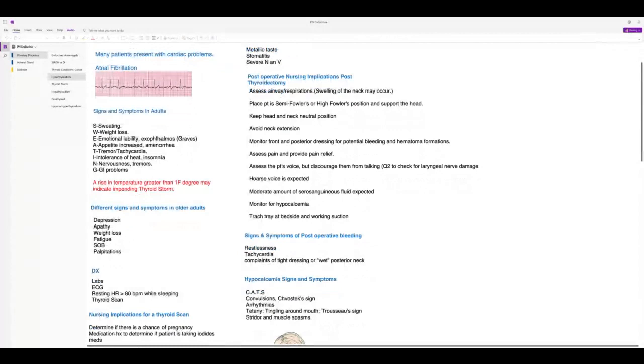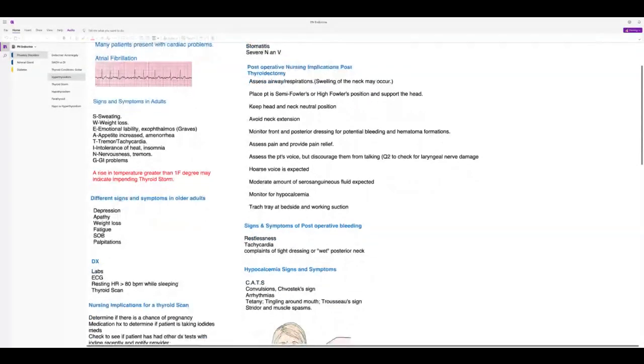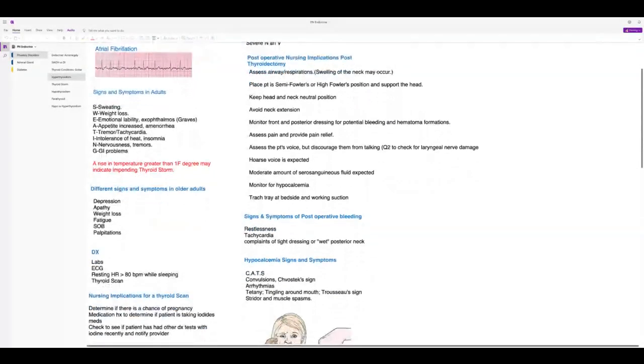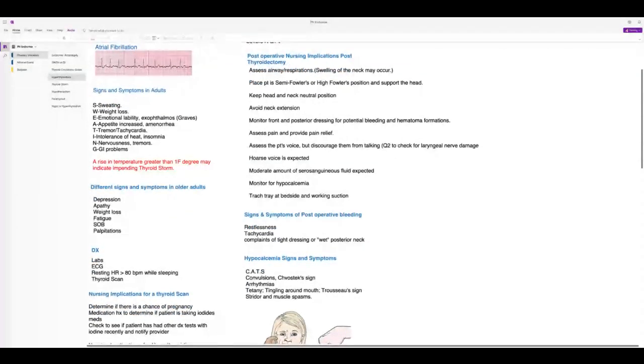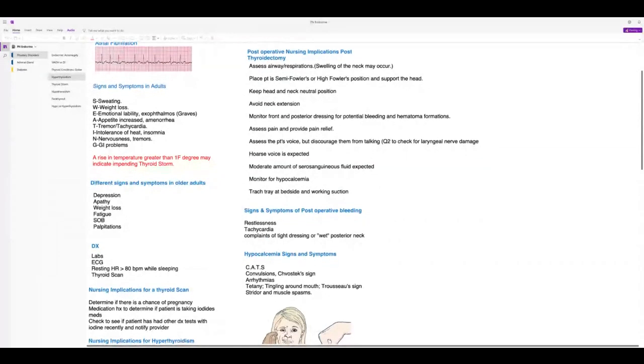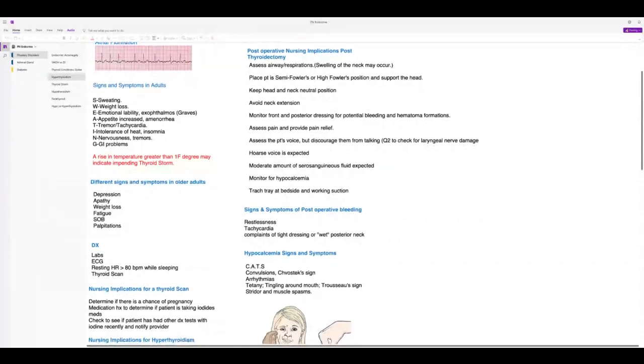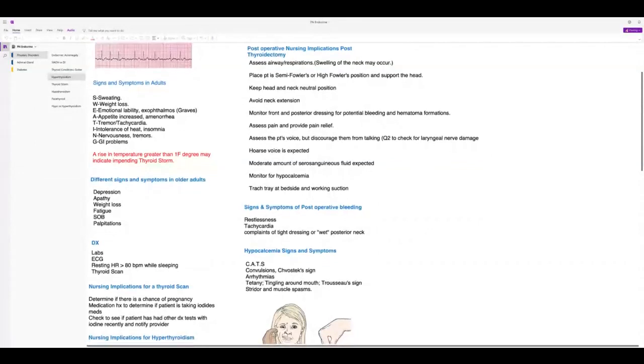So the nursing implications for a thyroid scan, you have to know this. You have to figure out if there's a chance the patient may be pregnant, check what medication they're taking, and see if they have had a history of diagnostic tests with iodine recently, because that can trip them into hyperthyroidism.